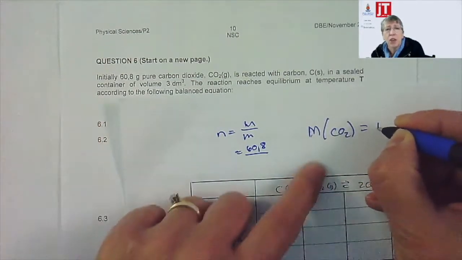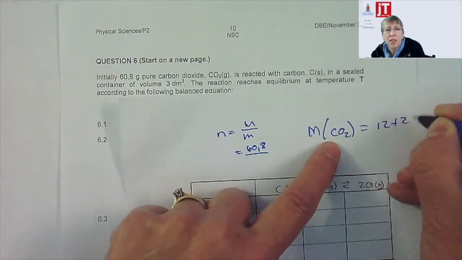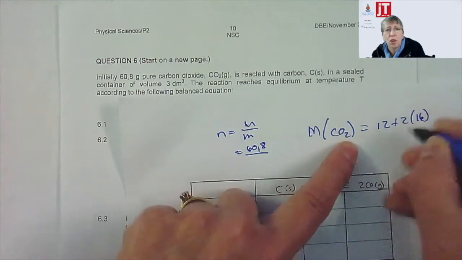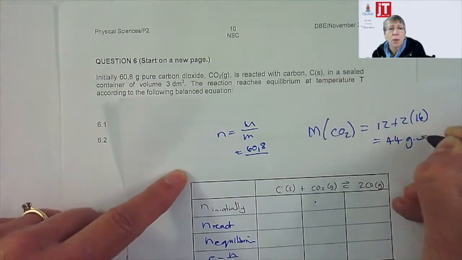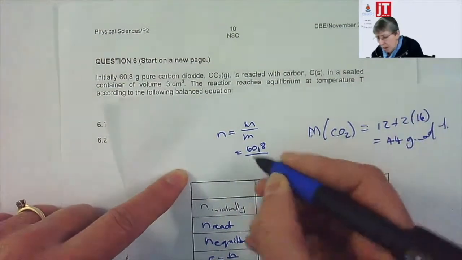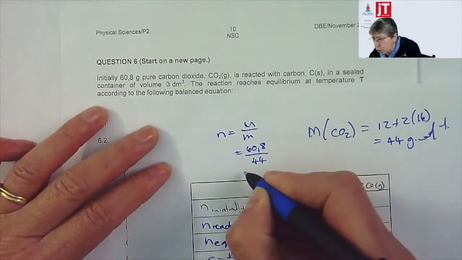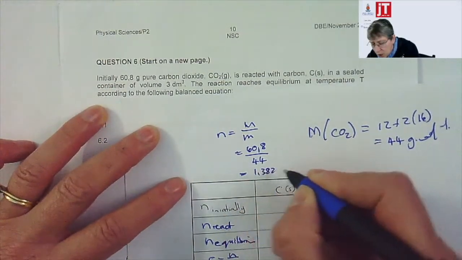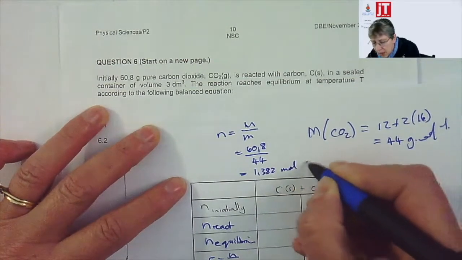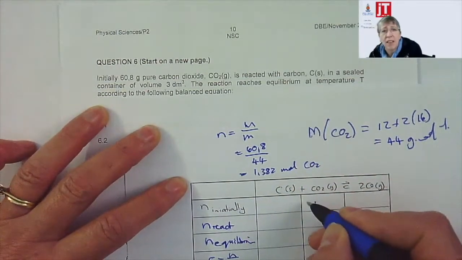That would be 12 for the carbon and 2 times 16 for the oxygen, and I end up with 44 grams per mole, right? Okay, and if you divide by 44 there, you end up with 1.382 moles, and that is now of CO2, and that is at the beginning.